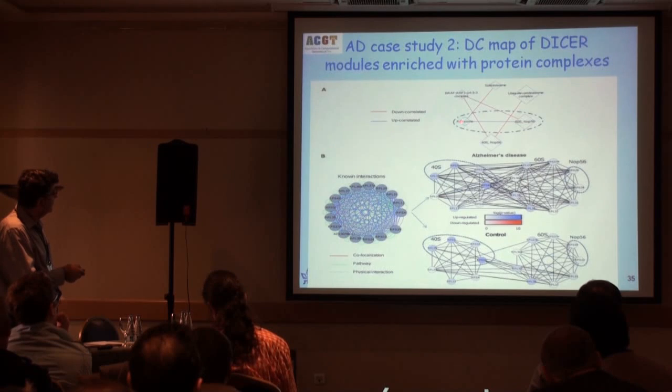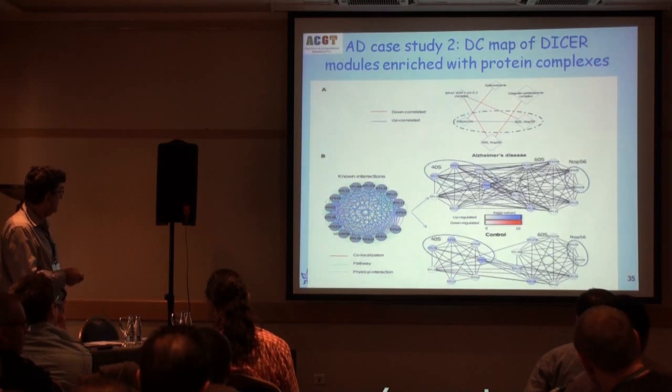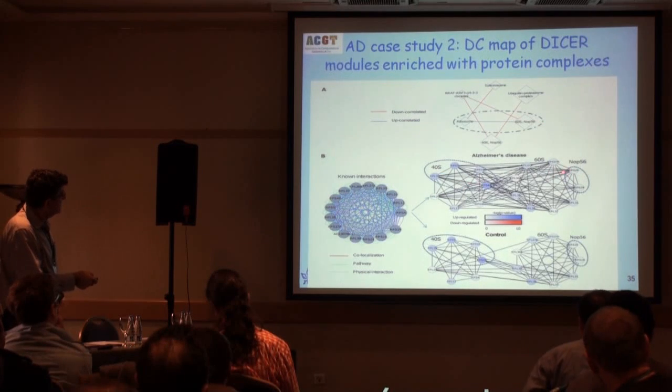We have one module that is enriched with ribosome, and the other with the 60S unit and the NOP56 of the ribosome. And here is a zoom in on these 2 sets.